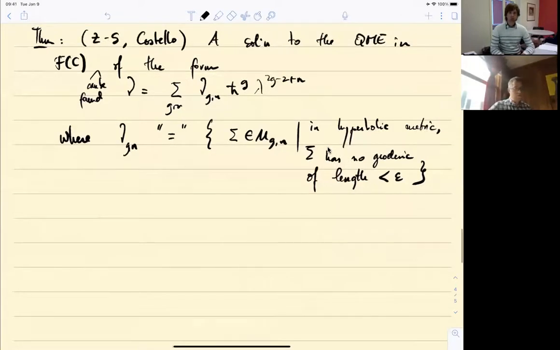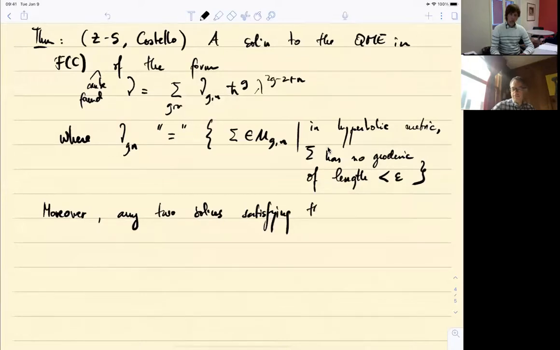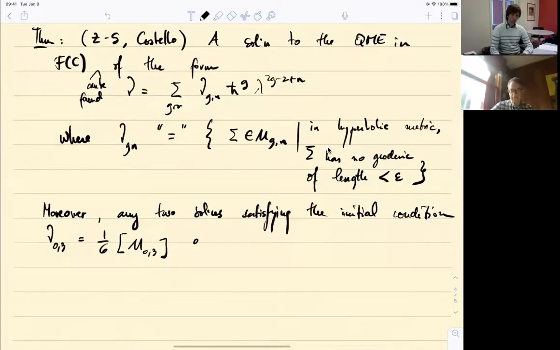I will explain this geometrically in a second, but the Costello contribution is that, moreover, any two solutions satisfying the initial condition that V03 equals 1/6 the fundamental class of M03 are homotopic, i.e. gauge equivalent.